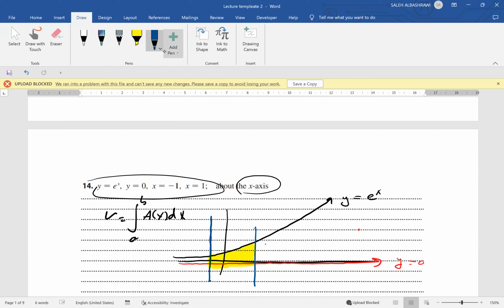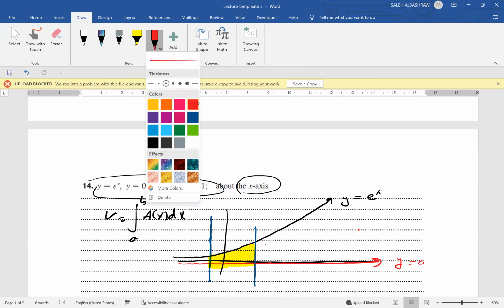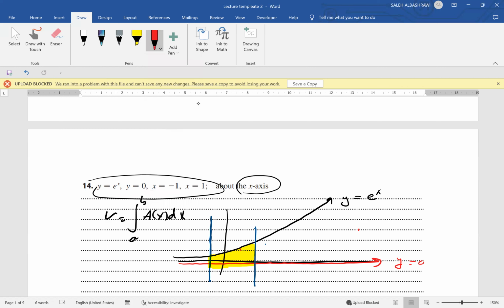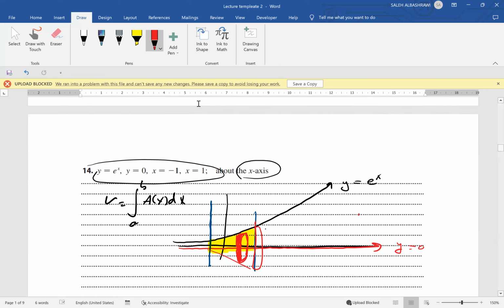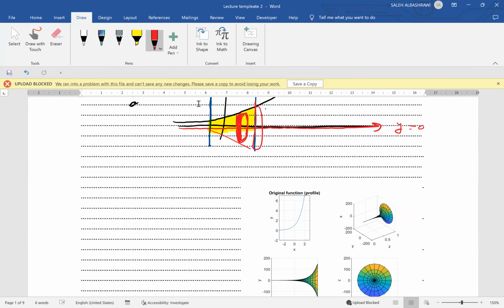So to do it, as we did before, graph a typical rectangle and rotate it about the x-axis. I will have a disk there, and the shape will be like this one, or more accurately, something like this.